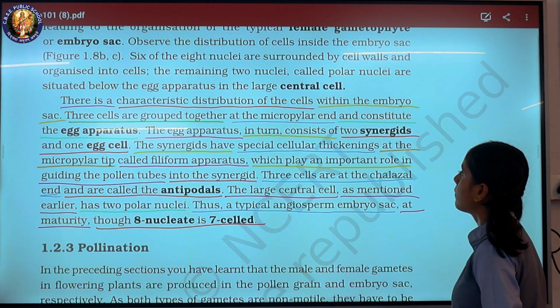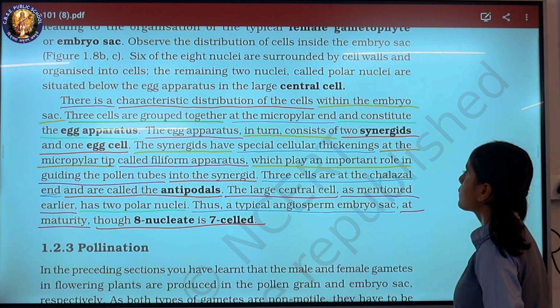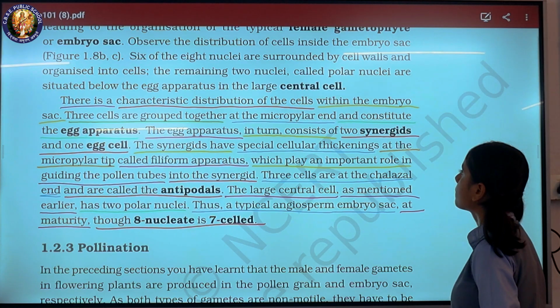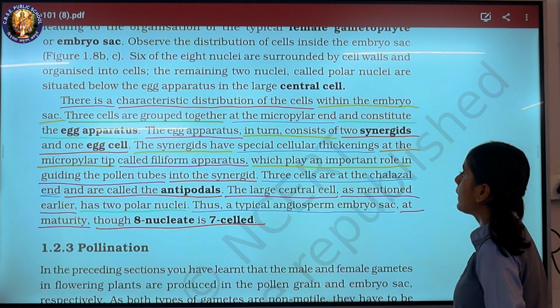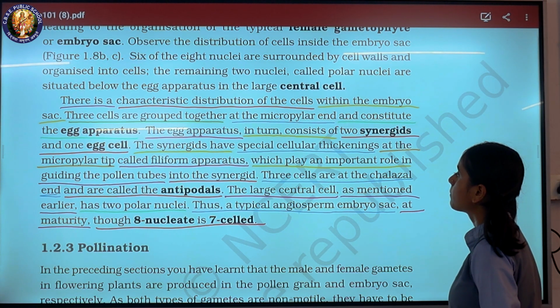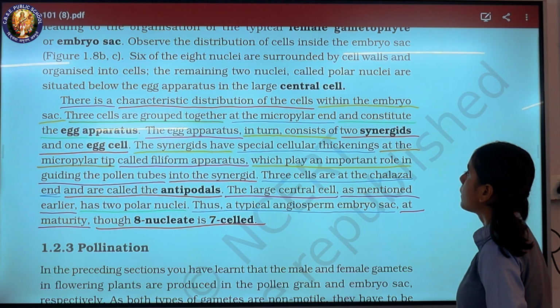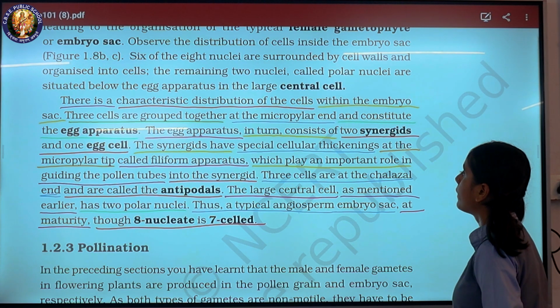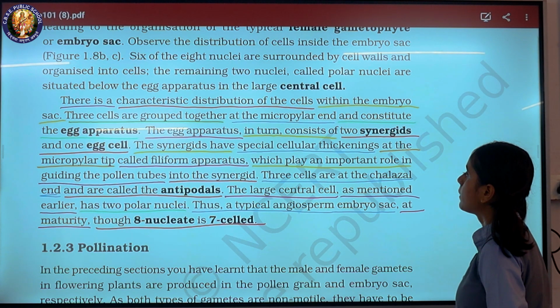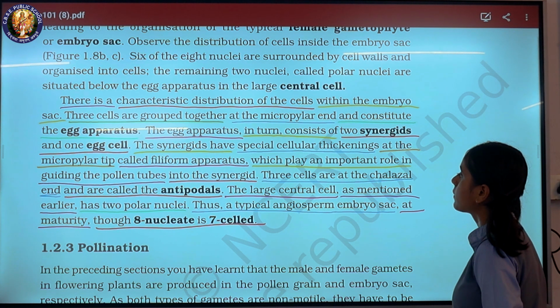The synergids have special cellular thickenings at the micropylar tip called filiform apparatus, which play an important role in guiding the pollen tubes into the synergid. 3 cells at the chalazal end are called the antipodals.